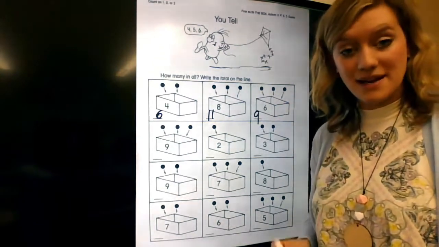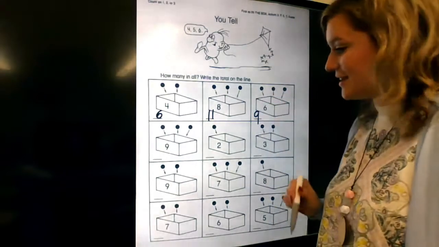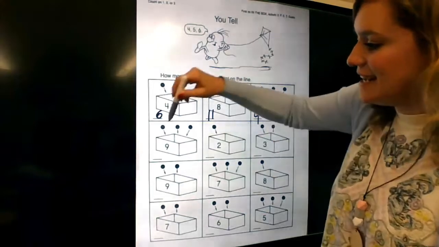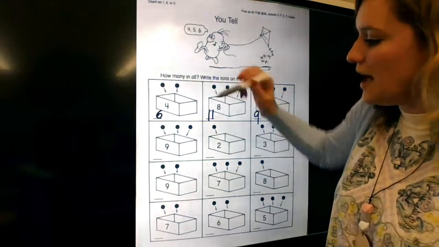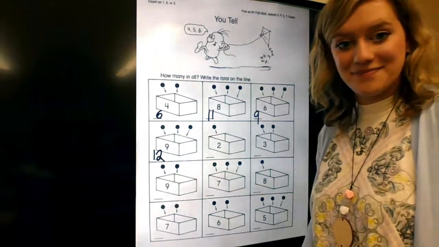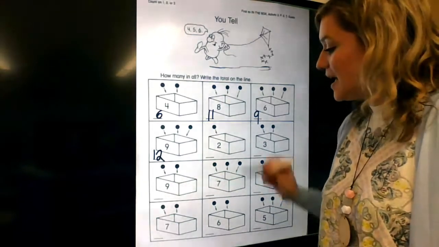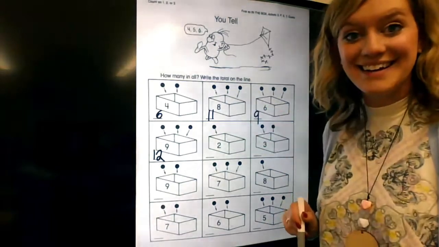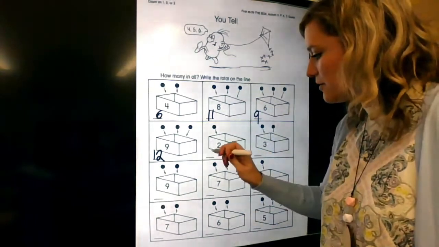So we start with that big number, count on how many dots there are, okay? The next box has a 9, 10, 11, 12. 12. Good job. Ooh, this one will be easy. 2, 3. 1 dot, that's it. 2, 3.